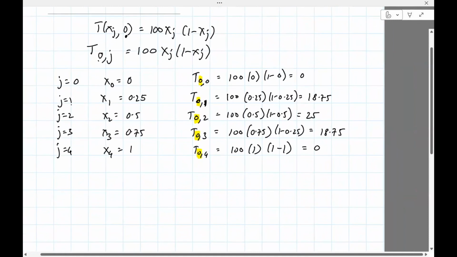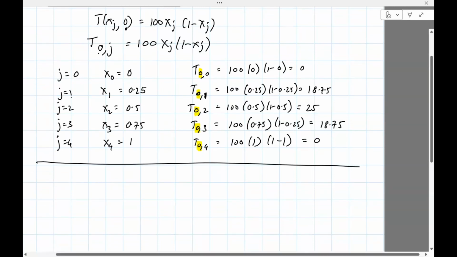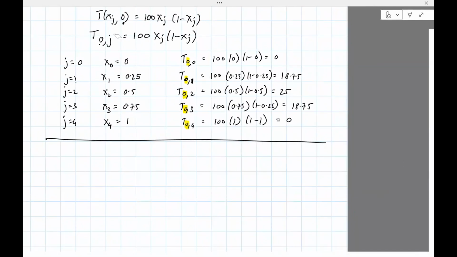Okay, now that we've done this, we're now ready to use the two schemes. So the first question is to use forward time central space, FTCS.